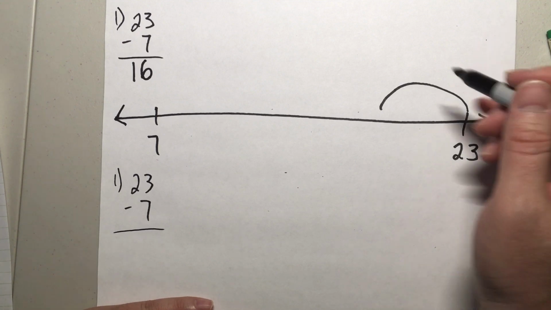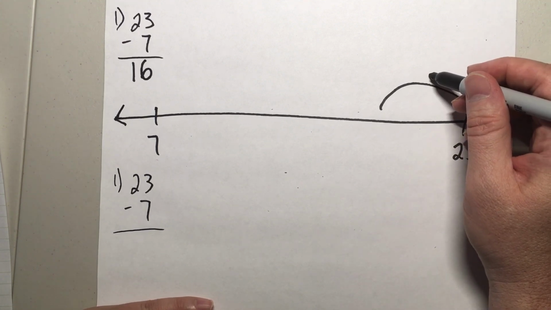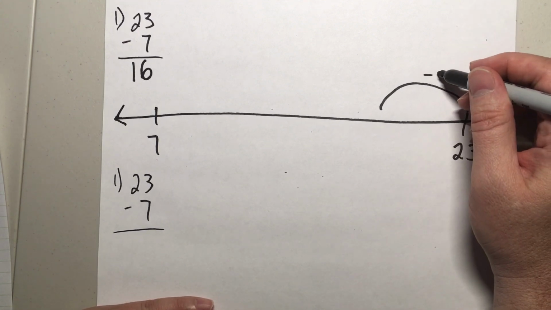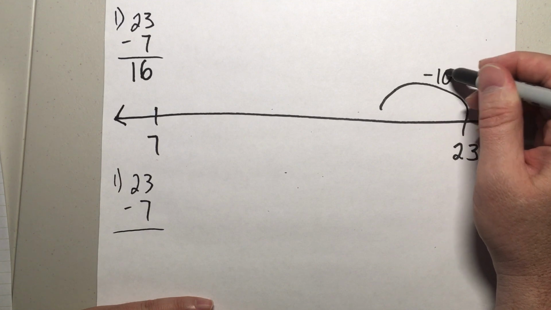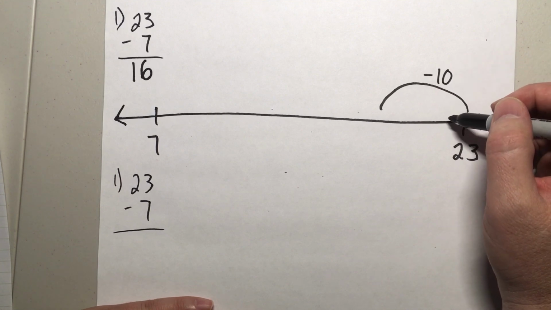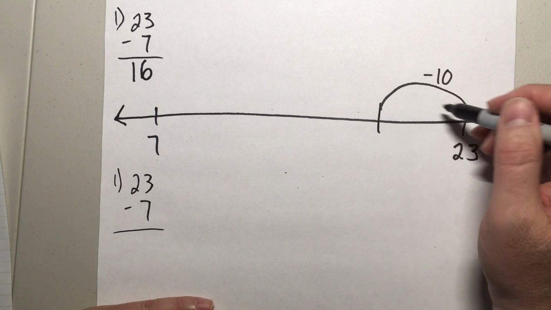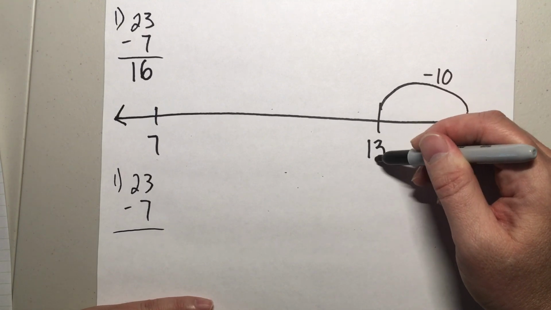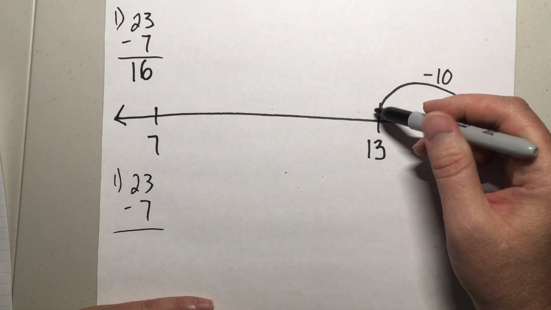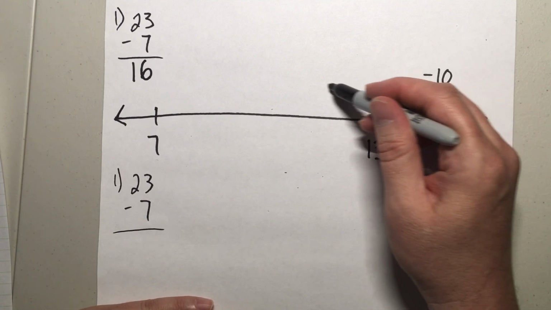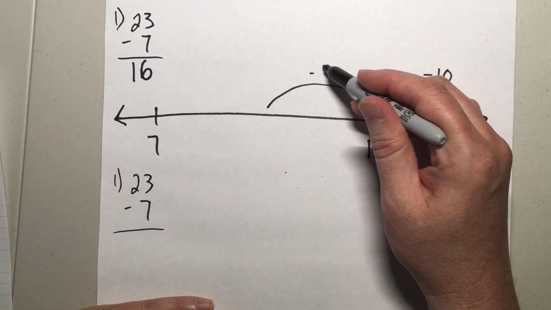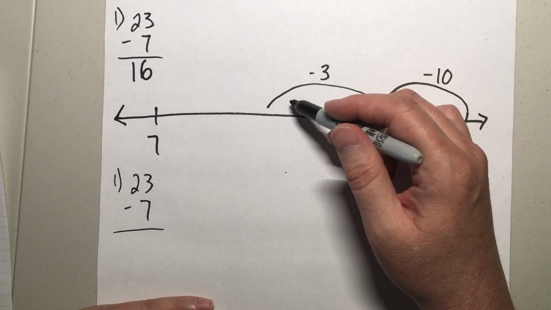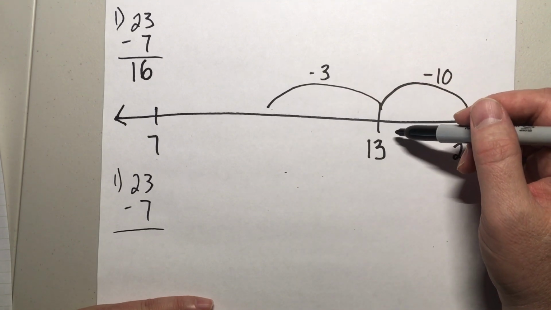So what I'm going to do is I'm going to take 3 away from here. Or maybe let's just do something different. Let's take 10 away. Some kids love to do that. So now I'm at 13. Now what I want to do is maybe take another 3 away. Don't worry about the size of the jumps, especially kids that are like 3rd grade.